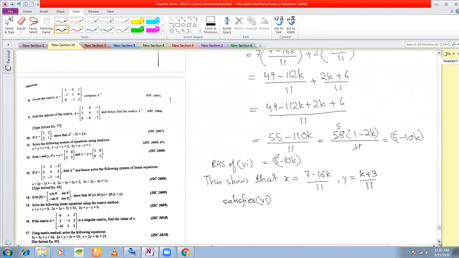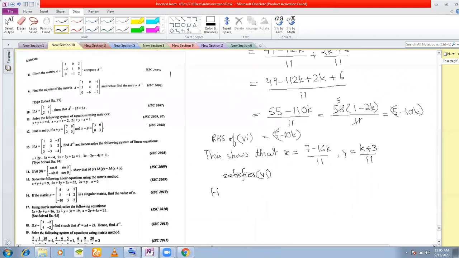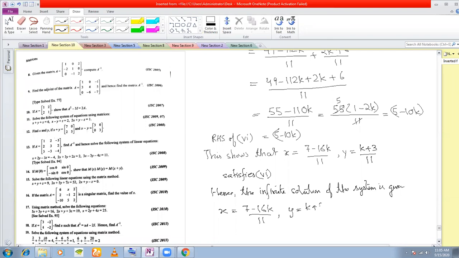Okay, so what is the solution? Hence the infinite solution of the system is given by x is equal to 7 minus 16k by 11, y is equal to k plus 3 by 11 and z is equal to k.